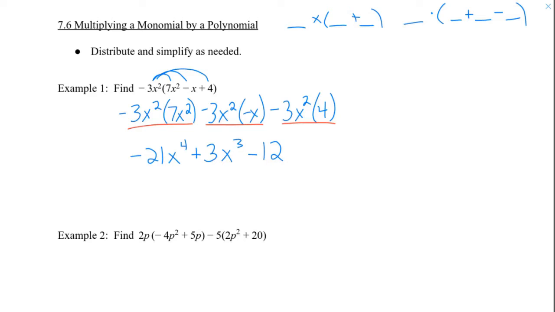And then we just have one variable with one exponent, so nothing's going to change with that variable portion. It's just going to stay x squared. After we distribute and multiply, we want to always look to see if we have any like terms we can combine. Since all of these monomials have different exponents, we can't combine them. Therefore, this is going to be our simplified answer to that product.